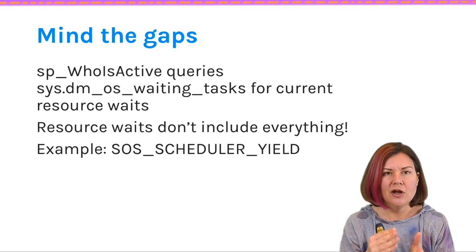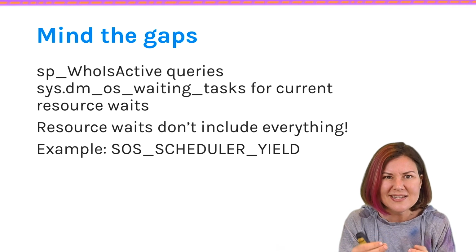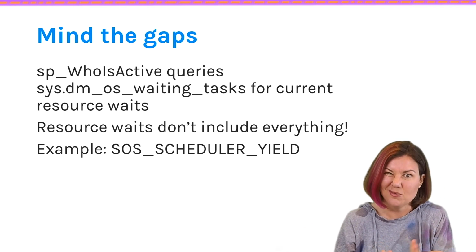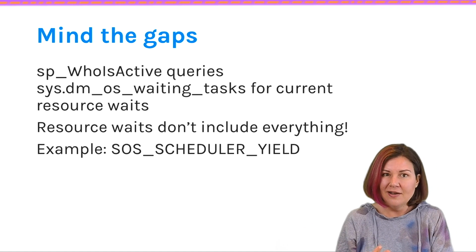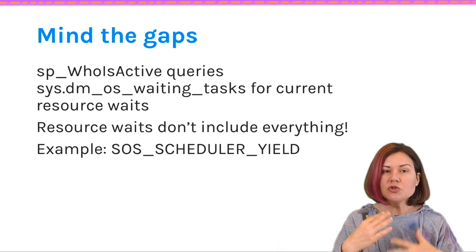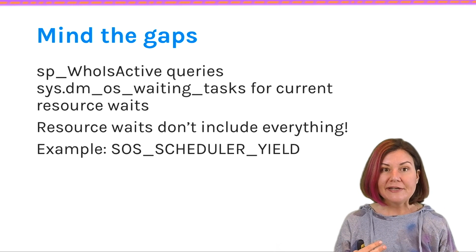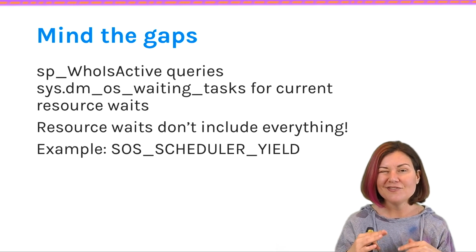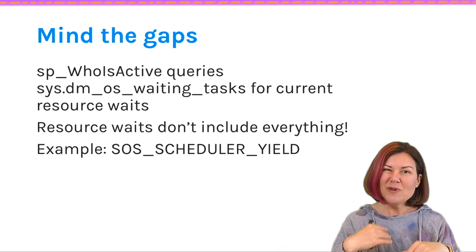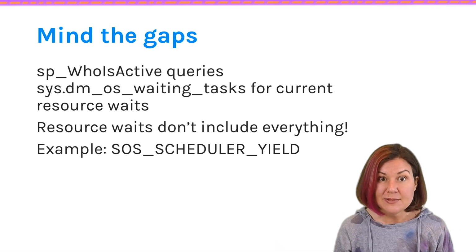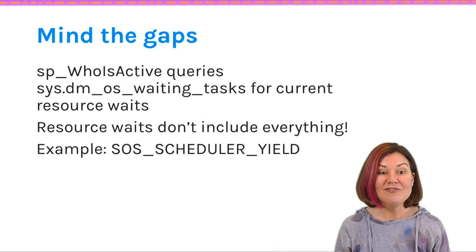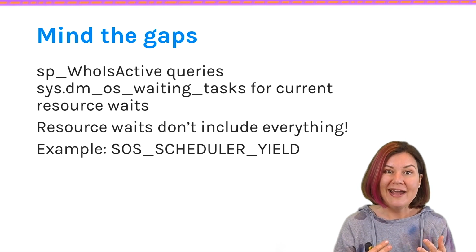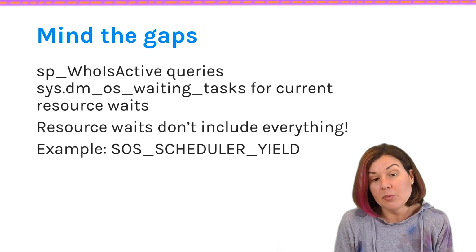If I have a really short query that starts 1 second later, do I want to have to wait till the really long query is done before the really short query can even start? I don't. So SQL Server does this cooperative scheduling in which queries will periodically yield, and if there's a lot of stuff running, we might have to wait in line to get back on a CPU. We might have SOS_SCHEDULER_YIELD. We're yielding and we're waiting for a scheduler to become available.